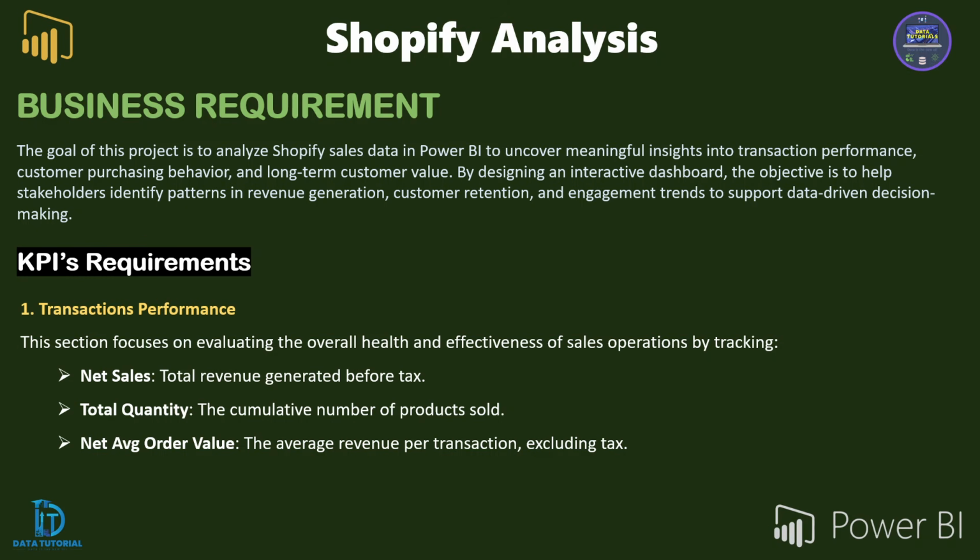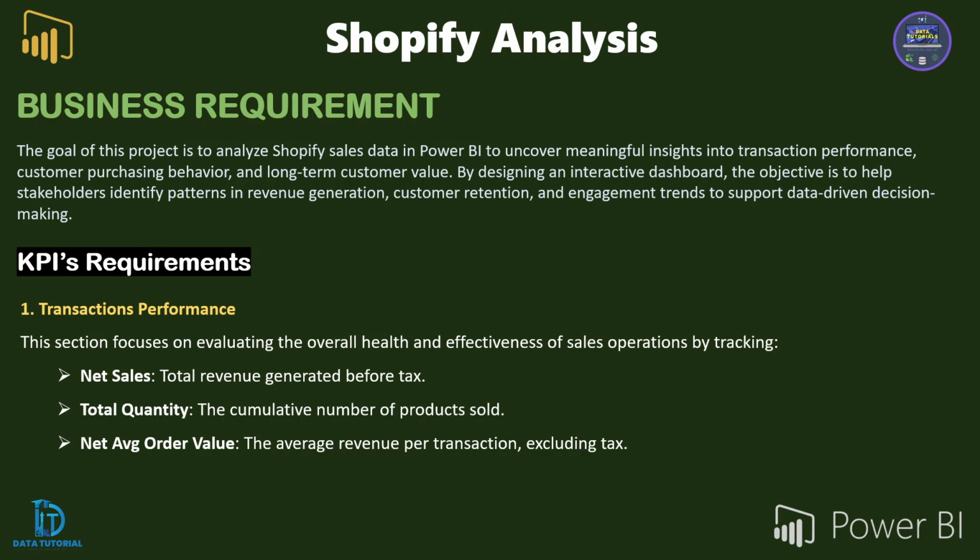To support data driven decisions and help their business grow in future trades, right? So the first section, as I discussed, is KPIs, and we have divided KPIs into three different sections, as I explained in the overview of the dashboard. The first one is the different KPIs for transaction performance, right? In this, we will be focusing on the overall health and effectiveness of sales operation, and we will do that by finding three different measures.